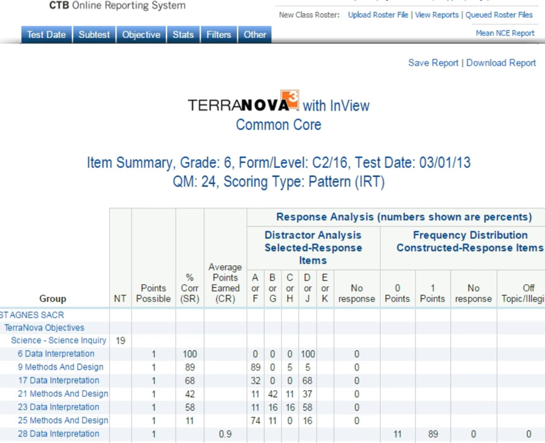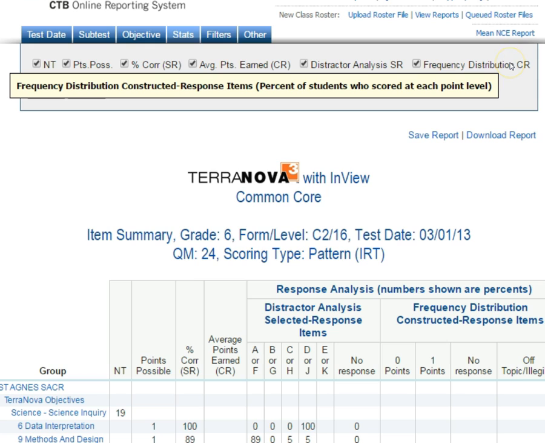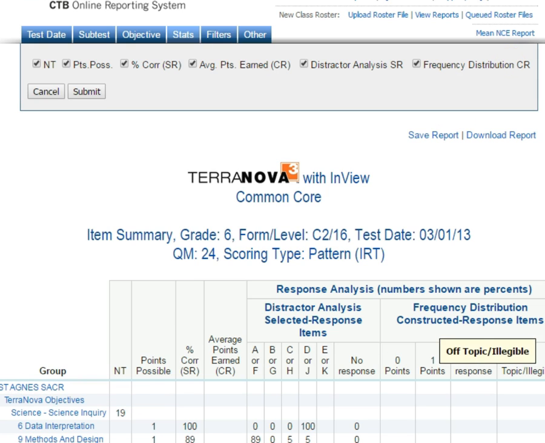So I can narrow it down so I'm not looking at the whole big picture all at once. Okay. I can tell it what stats I want it to do. If I don't want to look at all of these stats, I can interpret by using the tabs at the top of the page.